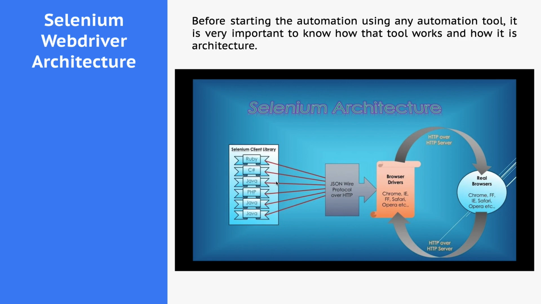Then using this code, we will be sending commands to our drivers, and the respective driver will be sending commands to its own browser. Now if we want to launch our Chrome browser, we will have to set the properties of our Chrome driver.